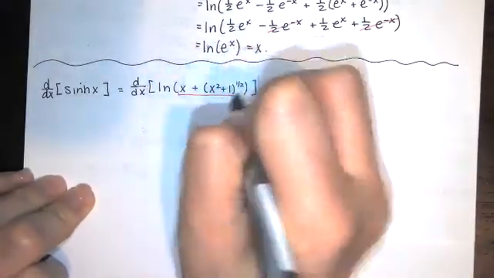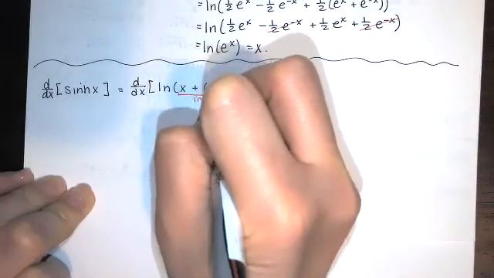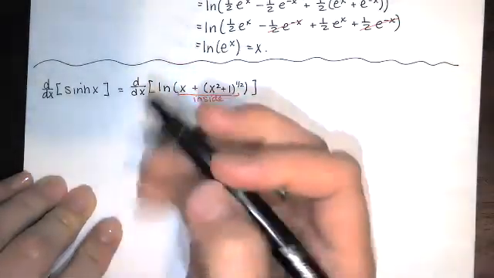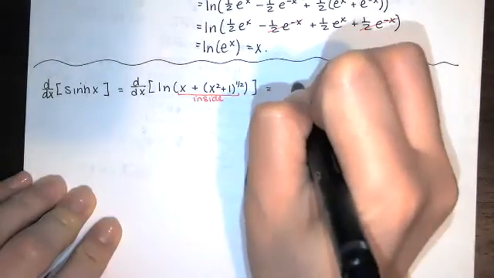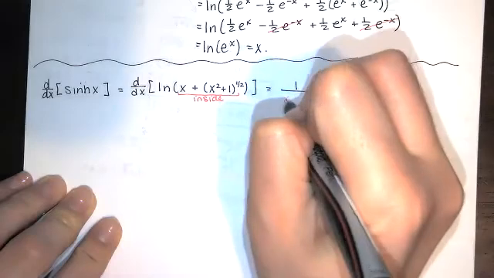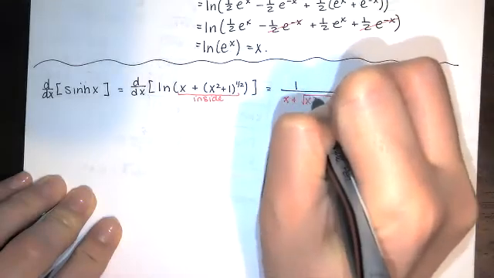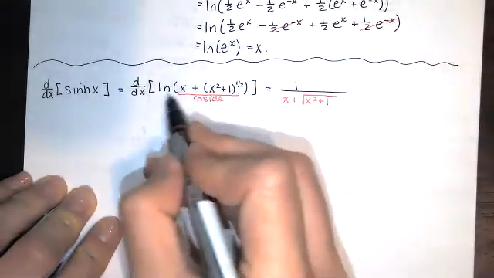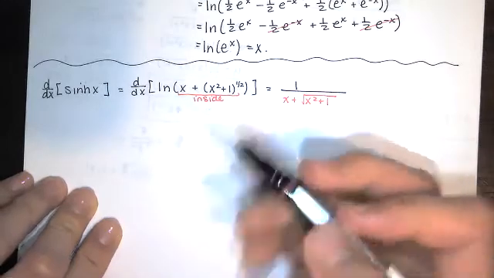So this is my inside function. The derivative of log of a function is 1 over that function times the derivative of the inside by the chain rule.